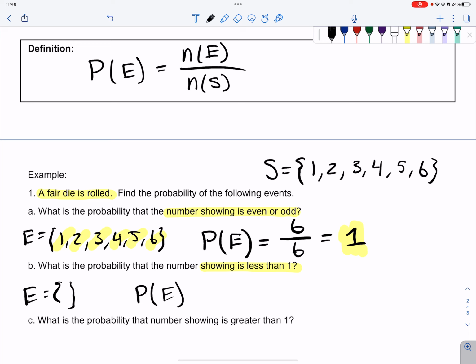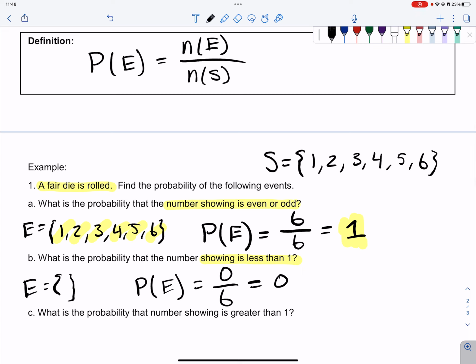So my probability of this event, well, how many things are in the event? There's 0 out of my 6 things in the sample space. So the probability of this event happening is 0. And that makes sense. When you roll the six-sided die, you're not going to get a number less than 1. That's impossible. So this probability has to be 0.